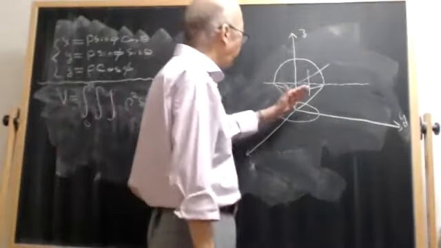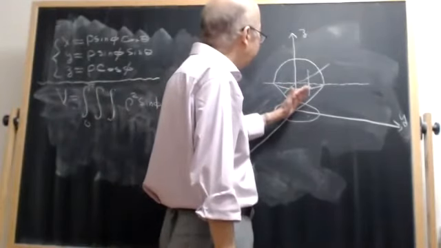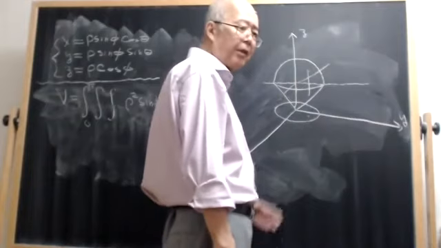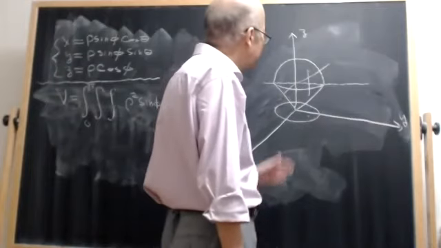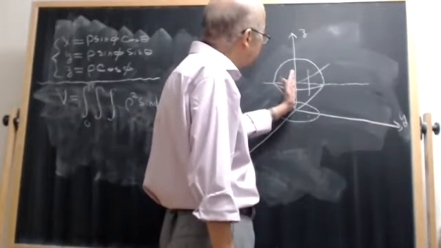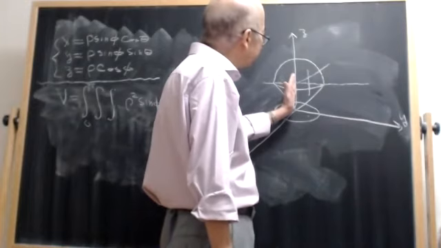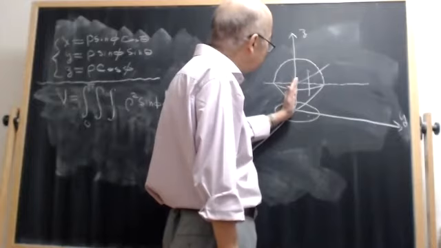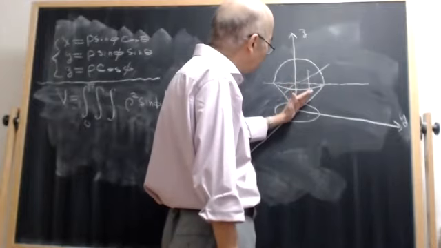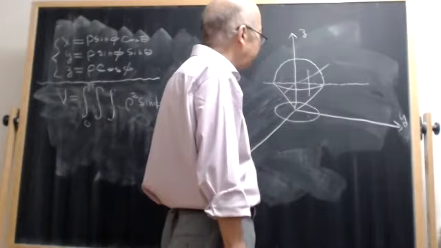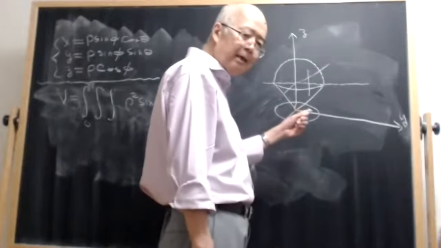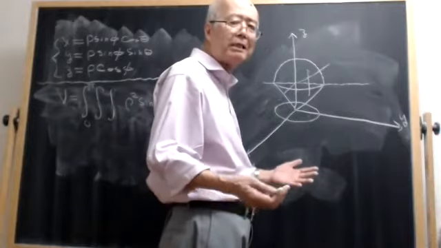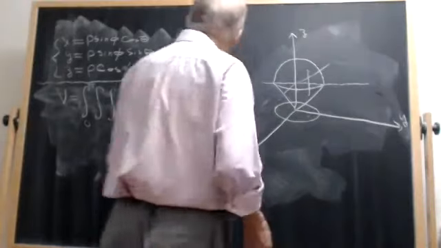Now, what's the range of the azimuthal angle? It should start from 0, and then you rotate, and somebody has already told me that the angle is pi by 4.